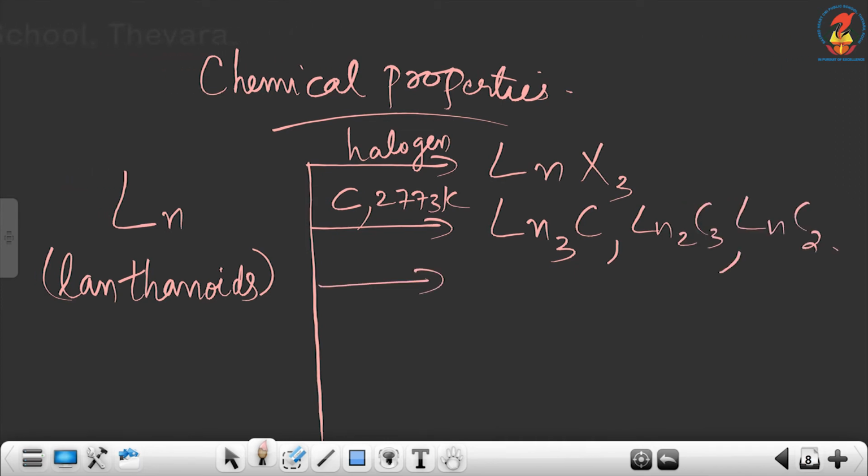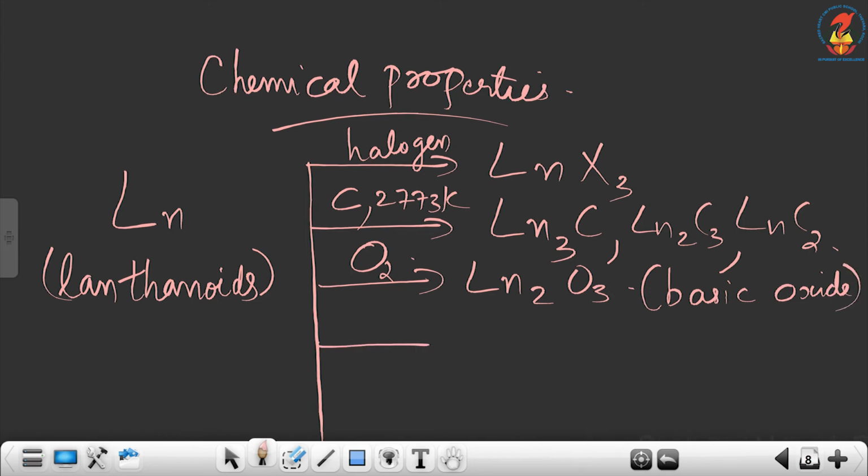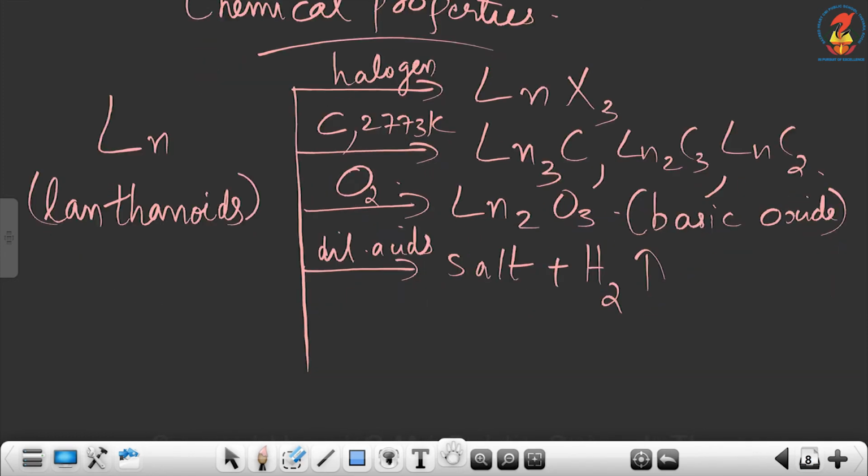Now next, when they react with oxygen, you get oxide, that is Ln2O3, and this is a basic oxide, meaning they produce bases when dissolved in water. Now next, when treated with dilute acids, you get salt plus hydrogen gas.